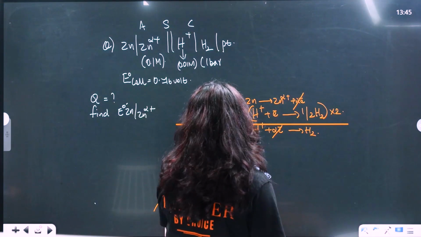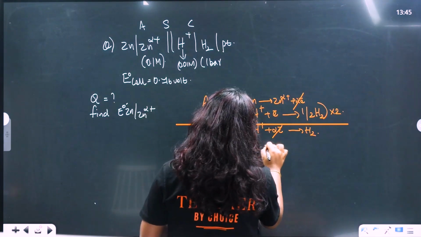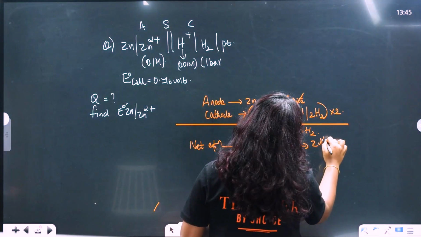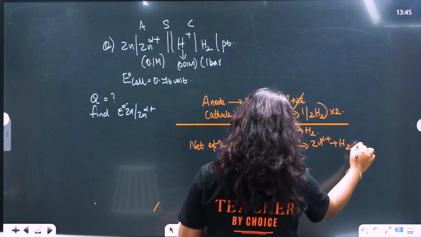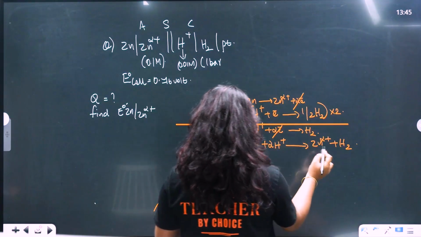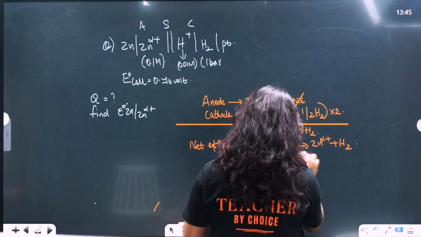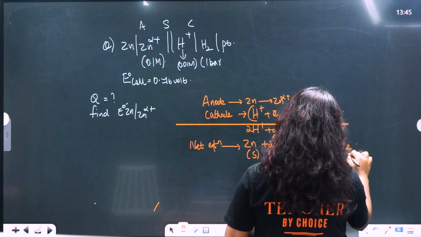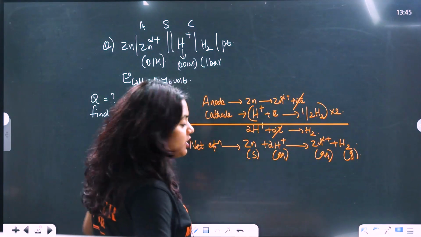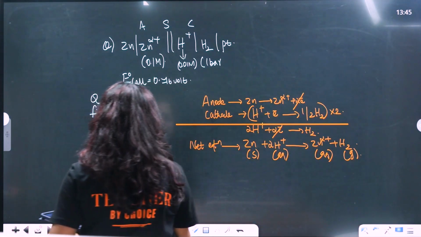We will be getting Zn plus 2H plus gives Zn2 plus plus H2. Correct? Zn is in the solid state, 2H plus is in the aqueous state, Zn2 plus is in the aqueous state, and H2 is in the gaseous state. It's very important. So this is what we got.